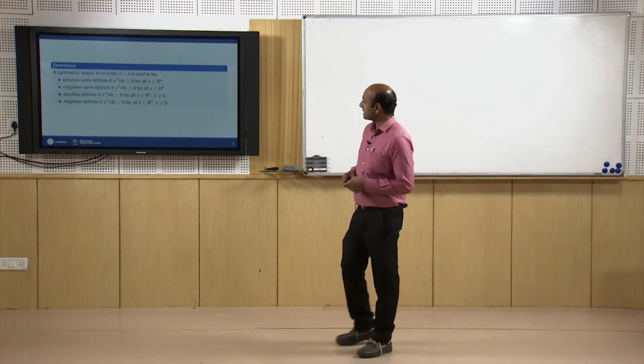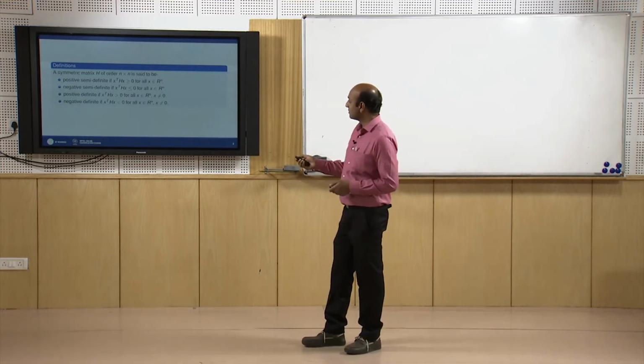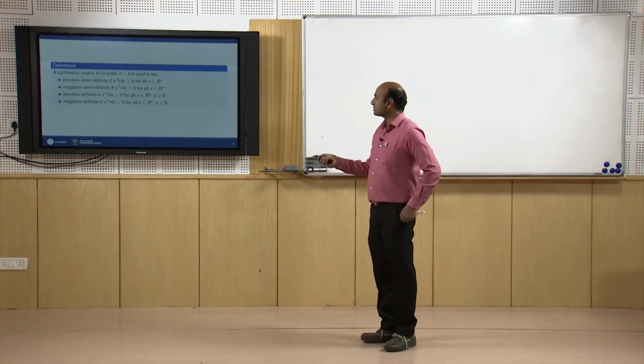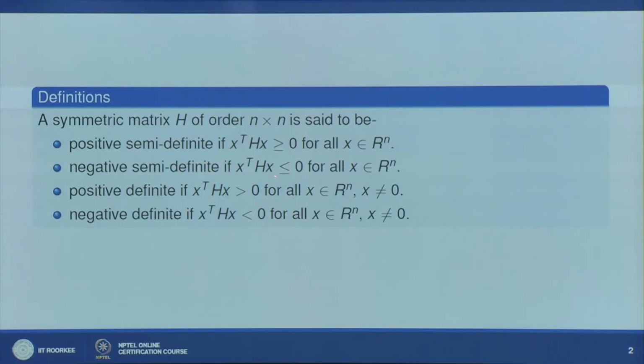A symmetric matrix H of order n cross n is said to be positive semi-definite if x transpose Hx is greater than or equal to 0 for all x in Rn. Negative semi-definite if x transpose Hx is less than or equal to 0 for all x in Rn.